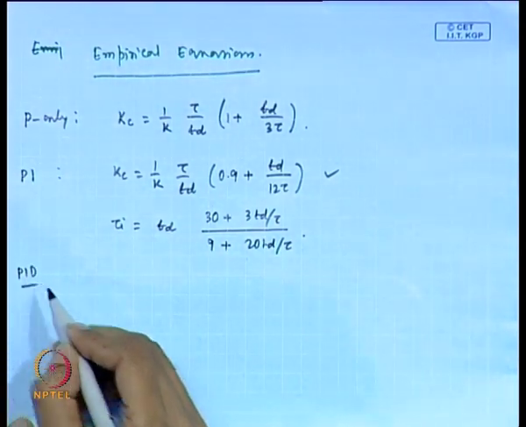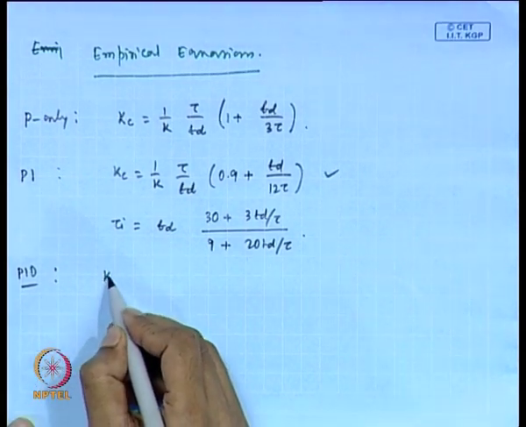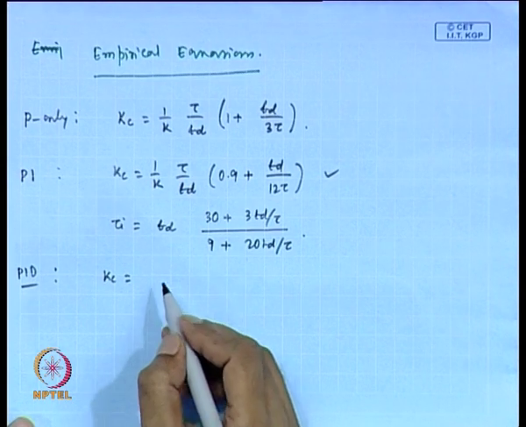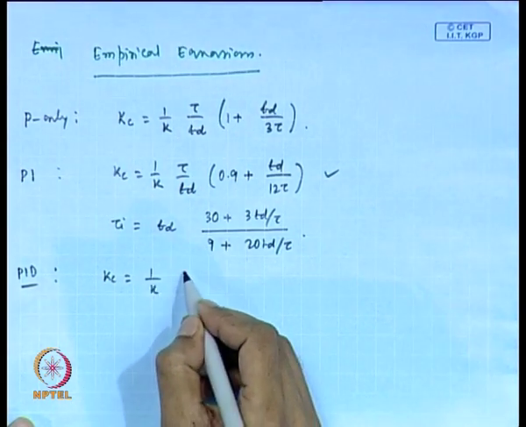For PID controller they derived three equations, one for Kc, one for tau I and one for tau d.